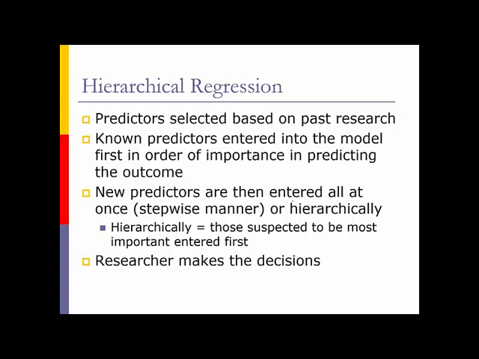So block 1 would be our known predictors, and you could have block 2 through 20 if you wanted, for hierarchicals. What is really nice about the hierarchical approach is that the researcher actually gets to make the decision. So you as the researcher would have the most information, and the most inside information, I should say, about how this project is going forward, so you should know which goes in first and which should go in last. And you can also use your correlation coefficients to kind of assist you in that method.